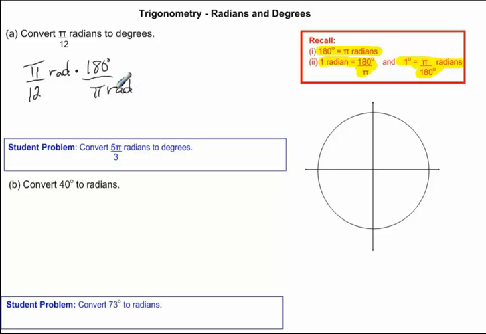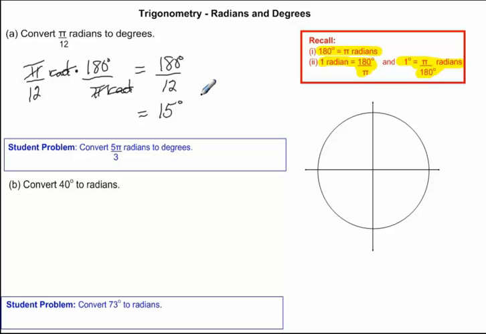It's really important to include our units. We're multiplying these, so the radians cancel out, and pi also cancels out. I'm left with 180 degrees divided by 12, which is equal to 15 degrees.